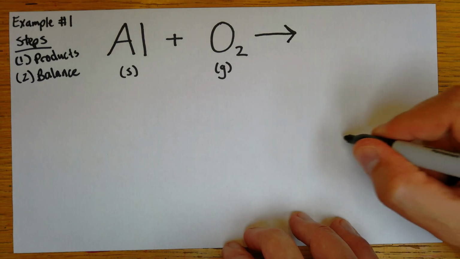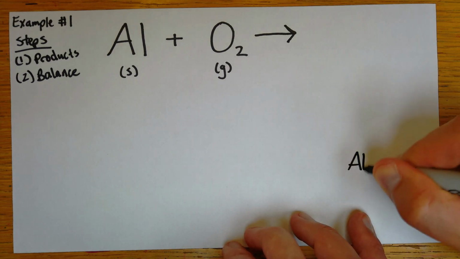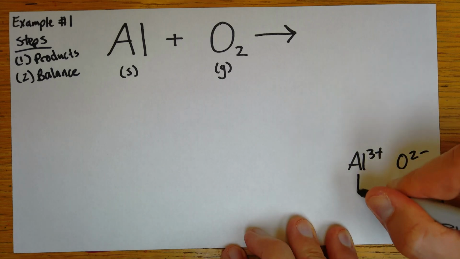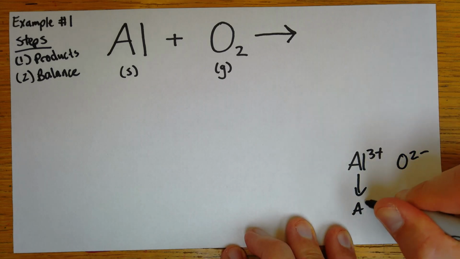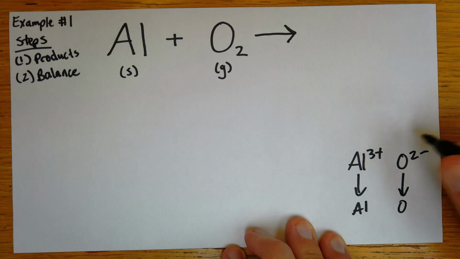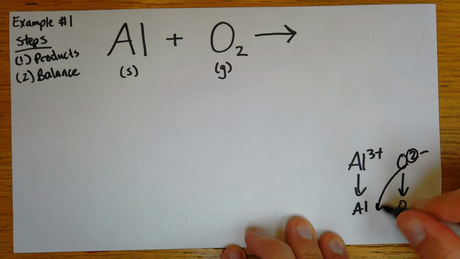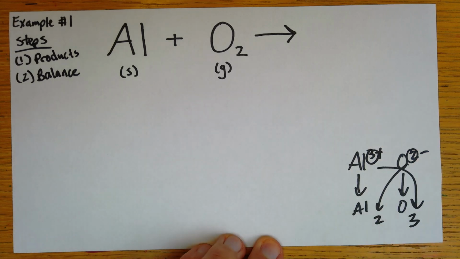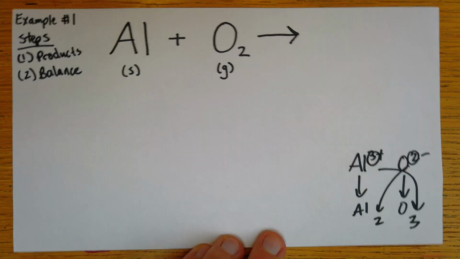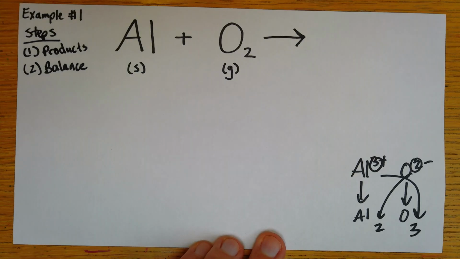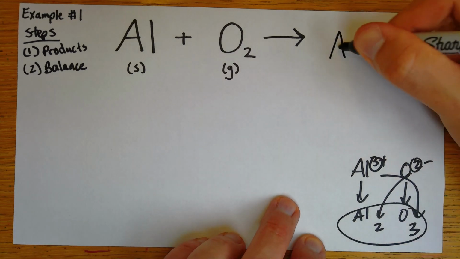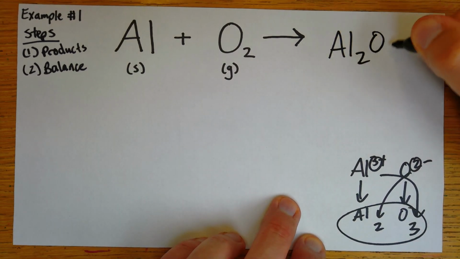I'm just trying to figure out what I'm making. All right, so we're doing some crossover. And this is a quick way to find a ratio of elements that makes everything neutral. All right, and so now that I know what I'm making, I can go ahead and put it in.